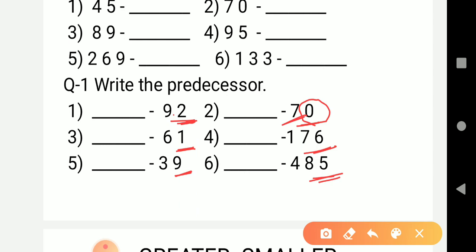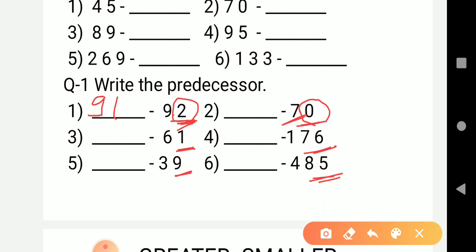Okay. Now first one, 92. Here 9 we write in the same place, but we change only the 2. Okay, 2 before is 1. Yes, very good. So 91 is the predecessor of 92.